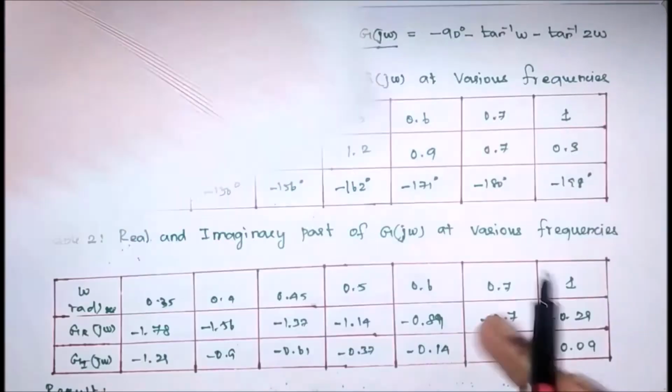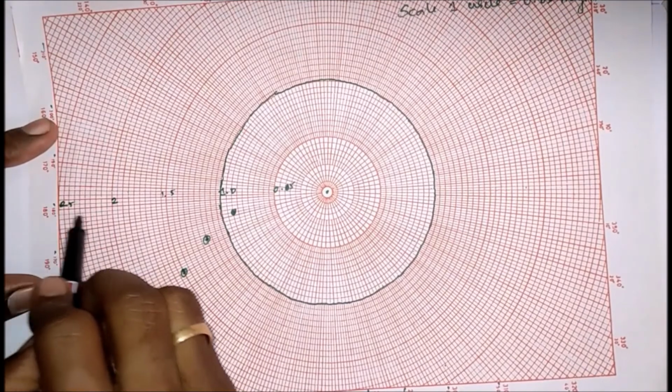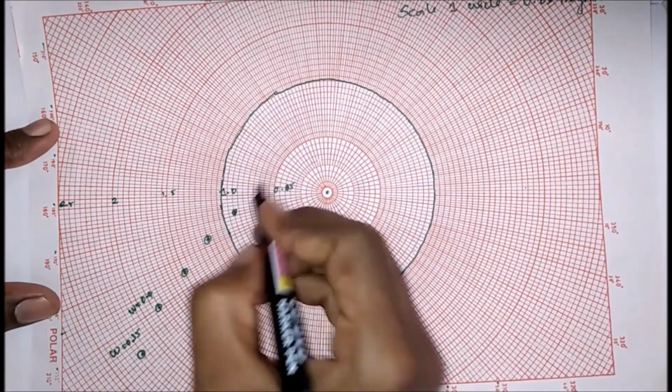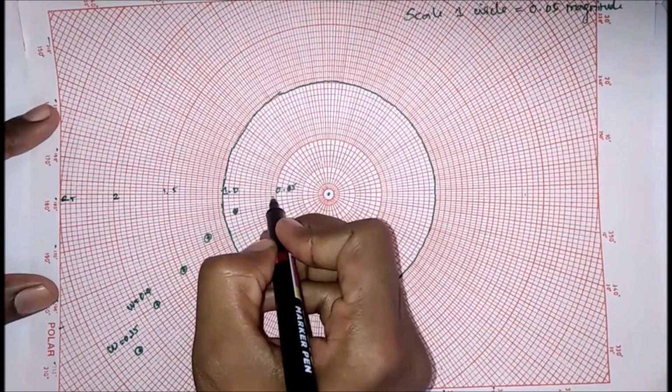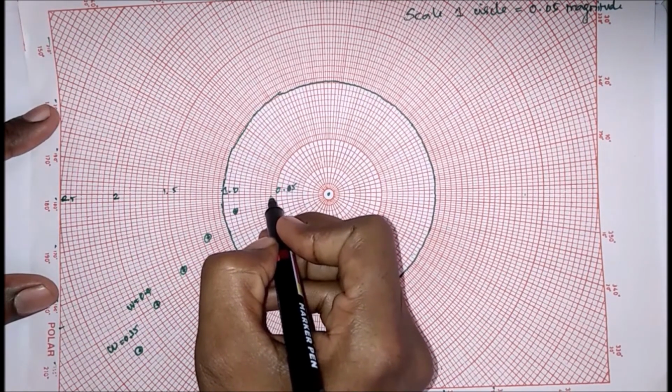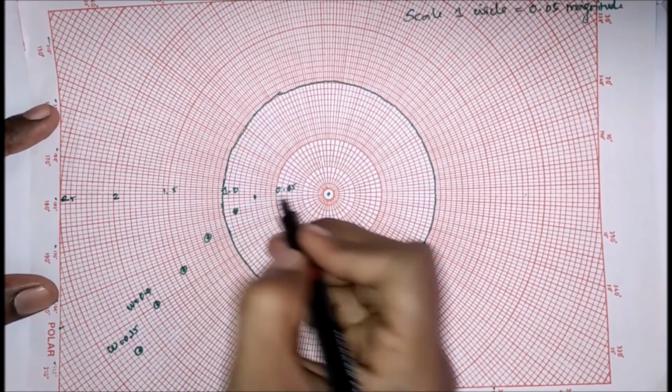Next, 0.7 and minus 180. This is minus 180 and also plus 180. For 0.7, this is 0.5, 0.55, 0.6, 0.65, 0.7. So this is the 0.7.